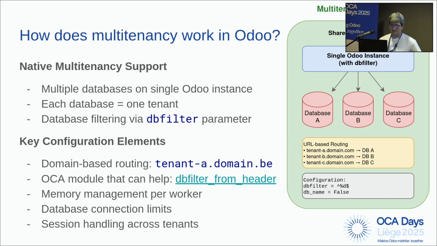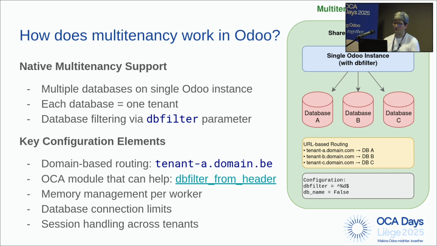The technical implementation revolves around key configuration parameters. The DB filter uses a regex pattern which represents the subdomain, like I said, ensuring proper routing. We set DB name to false to enable the filtering mechanism.